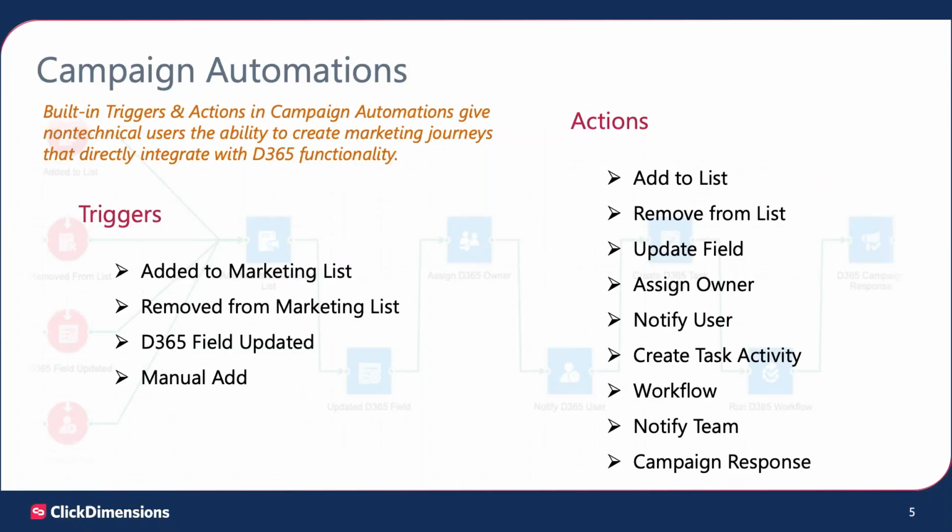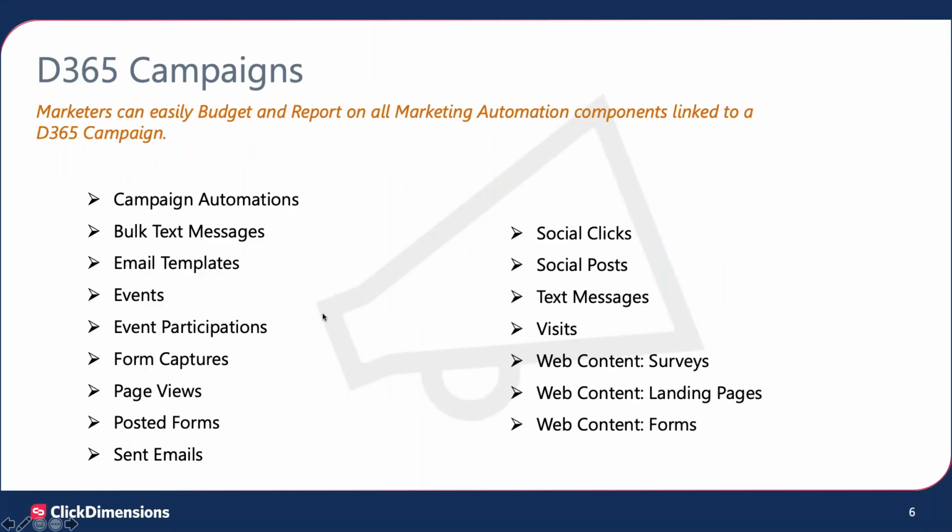And so with that, we'll go back here, and another nice area here are Dynamics 365 campaigns. Of course, these are the core Dynamics 365 campaign tables and entities, and marketers from here can easily budget and report on all marketing automation components linked to a Dynamics 365 campaign.